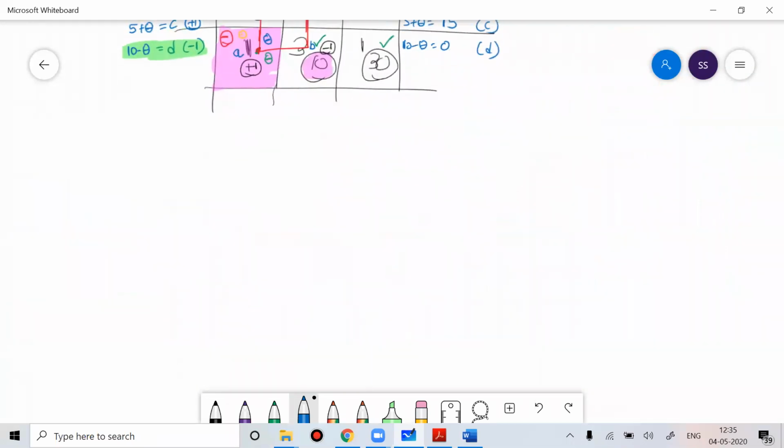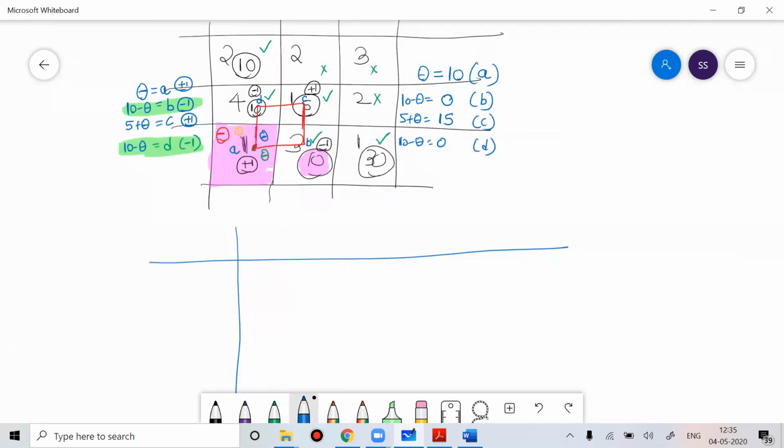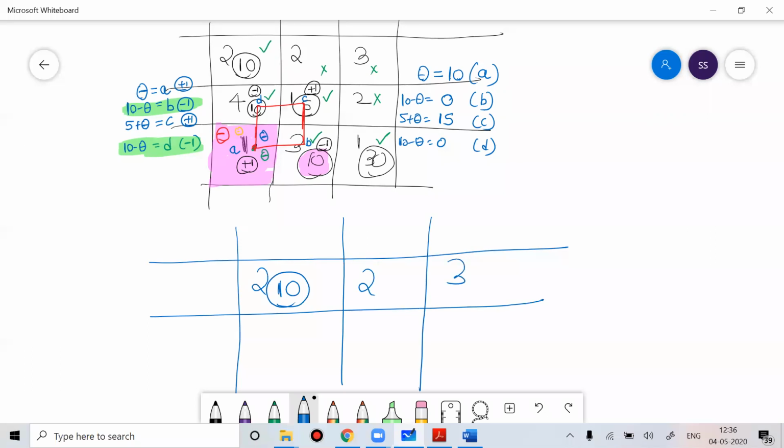Now I'll go ahead. Now I'll draw the diagram. Same diagram I'll draw. So this is 2, 10. Then this is 2. Then this is 3.